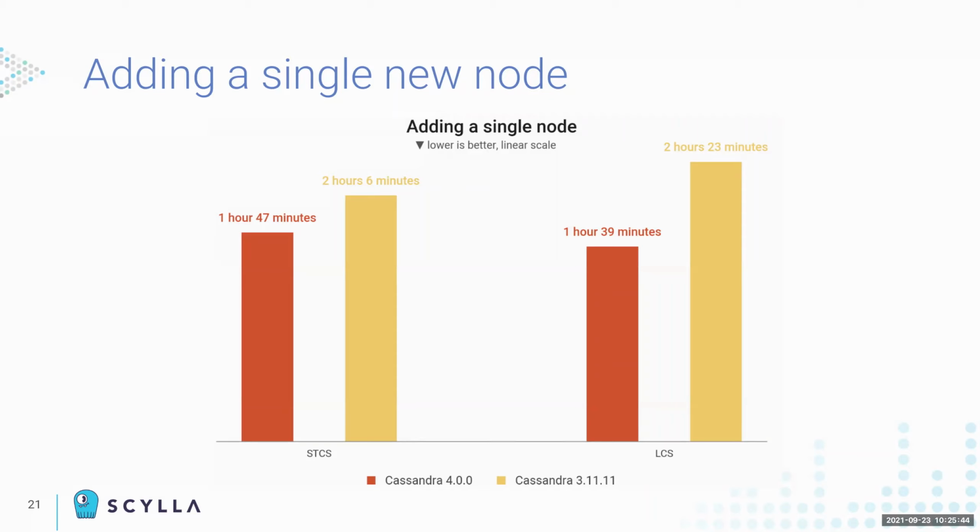As you can see from these graphs, we can see a big improvement when it comes to the LCS variant of this test. The improvement in time is much bigger than in the STCS workload. However, in both tests, Cassandra has improved in version 4 when it comes to the add-a-new-node operation.